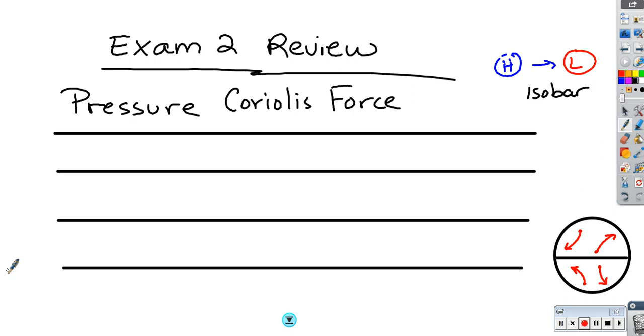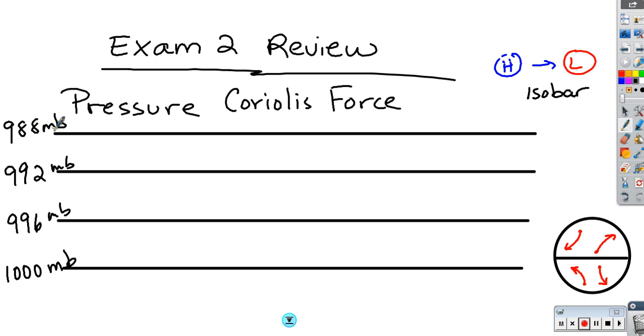So we can say that perhaps this is 1,000 millibars, this is 996, this is 992, and this is 988. So it is clear that the pressure is dropping as you head from this isobar to this isobar. So we can label up here a region of lower pressure, and down here a region of higher pressure.